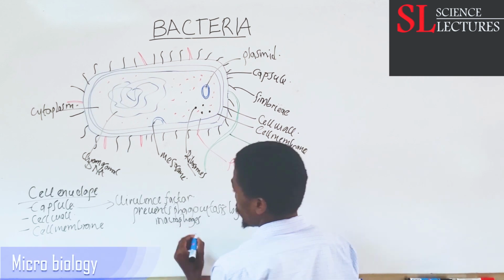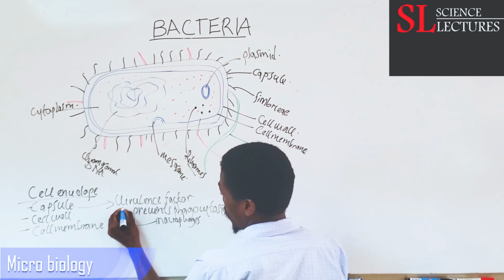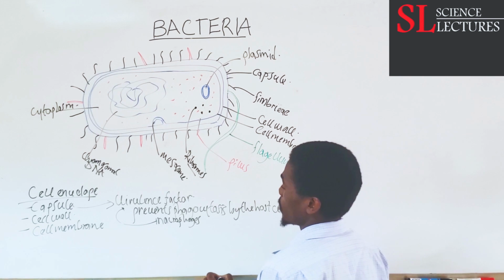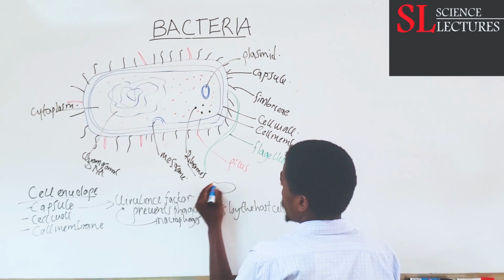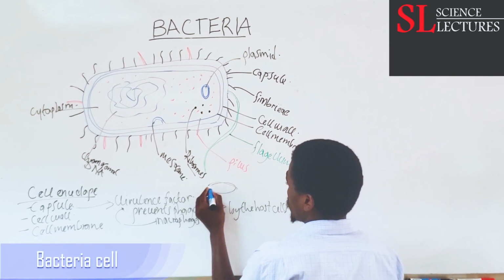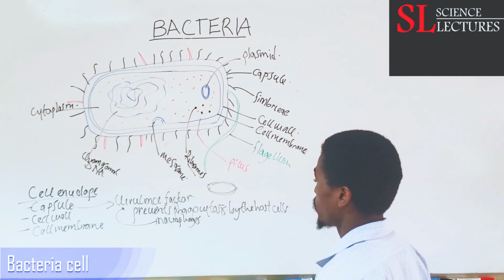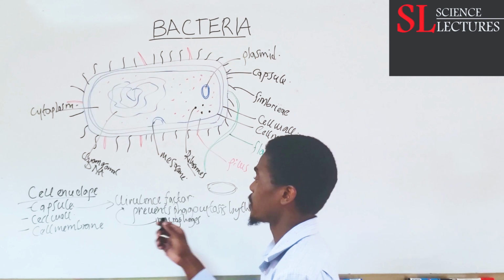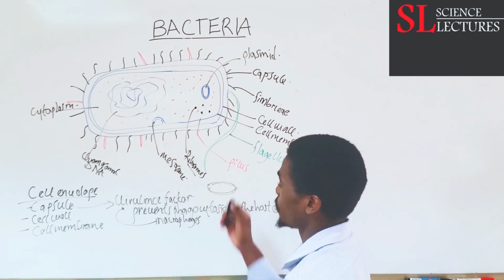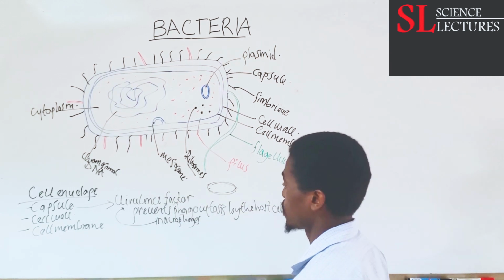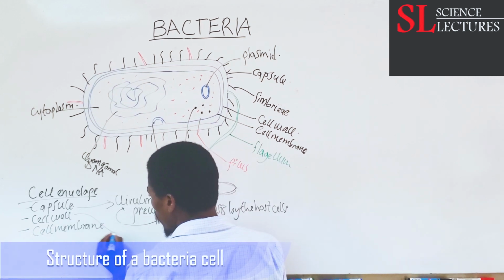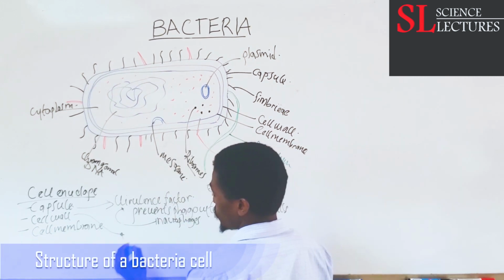When these macrophages or monocytes want to attack the bacterial cell, that coating of the capsule protects the bacterial cell from phagocytosis. That is how it works as a virulence factor in preventing attack from the outside by the host cells.